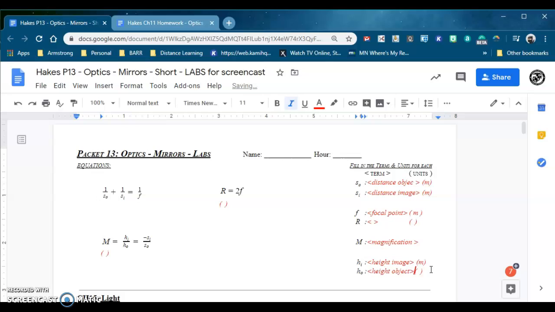And the height, this will also be in meters.